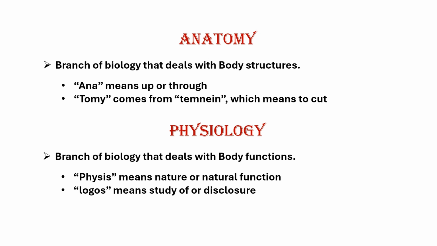After digestion, how do the nutrients get absorbed into our body and how does the unwanted food get converted into feces? All these processes we'll see in the physiology part. Overall, in simpler terms, anatomy deals with body structures and physiology deals with body functions.